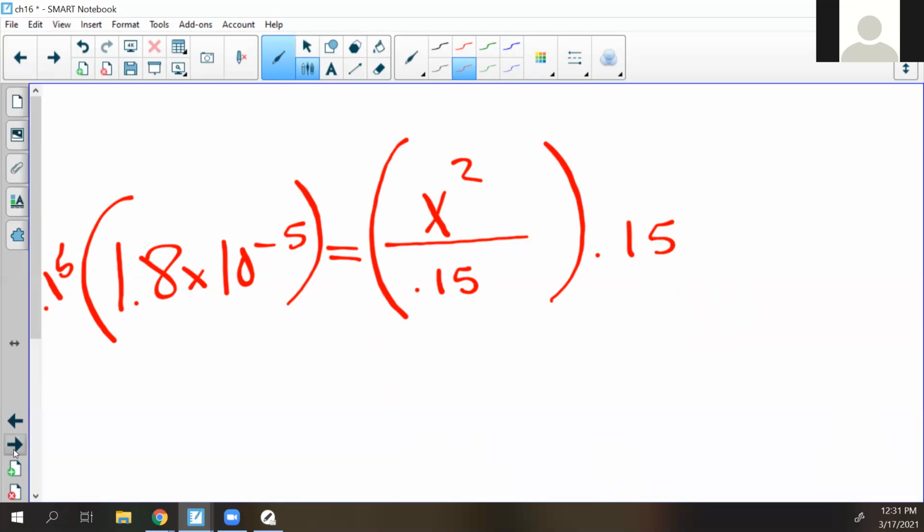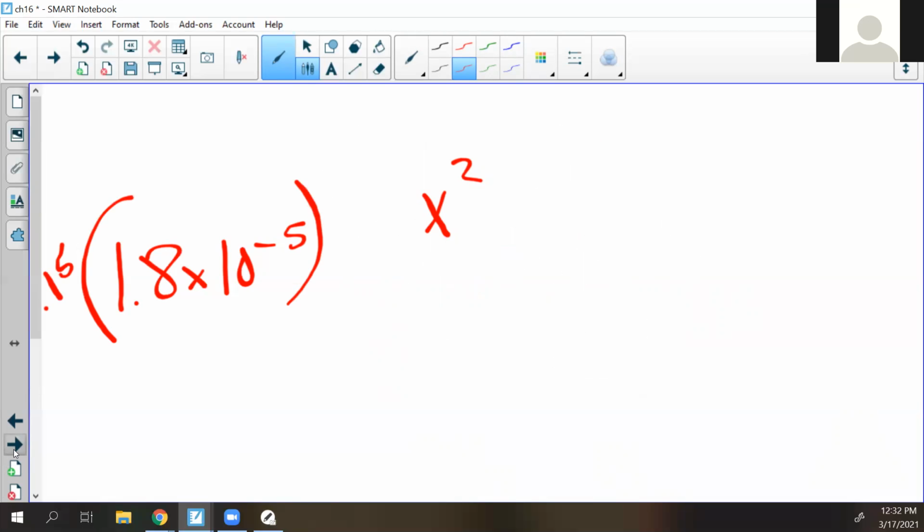Yeah. And then we're left with x squared equals this. So we take the square root of both sides. All right, so we end up with what?